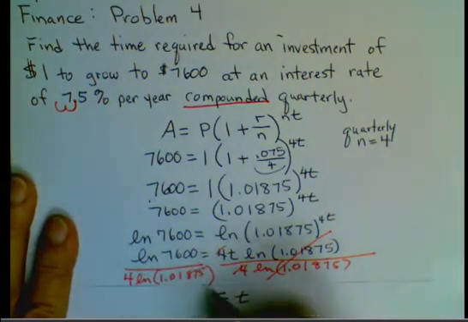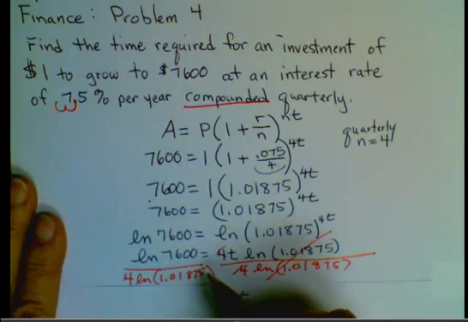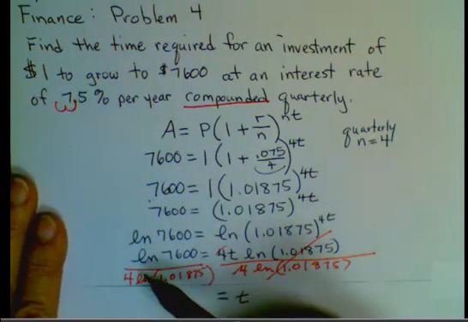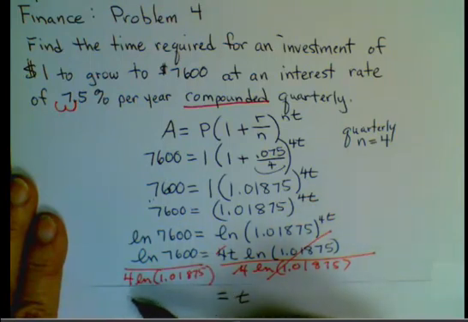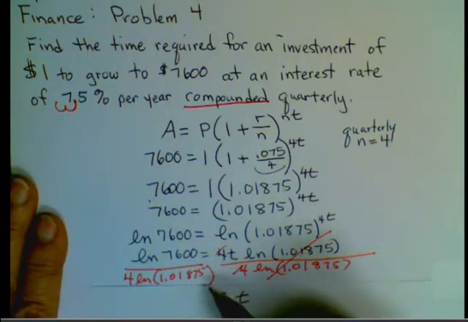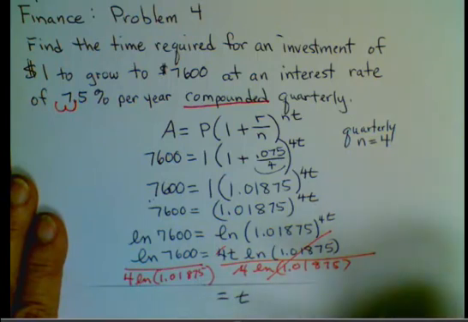On the left hand side, you're going to put this in your calculator. Put in your natural log of 7,600 divided by, and use parentheses for your denominator. So your parentheses 4 times natural log 1.01875, close the parentheses and close the parentheses again and hit enter.